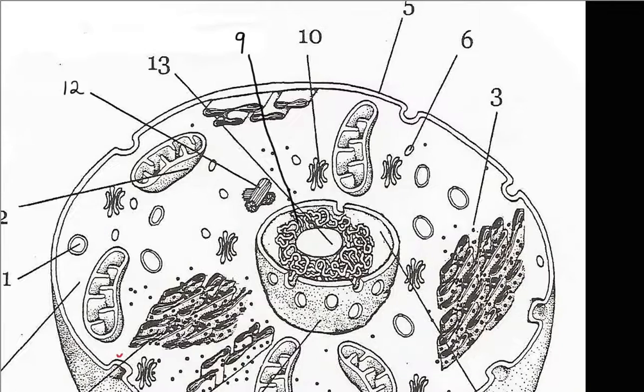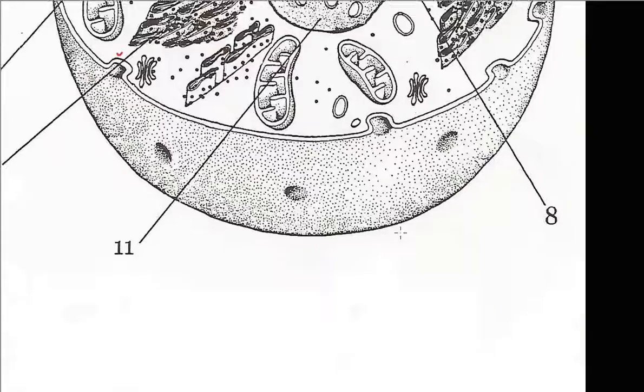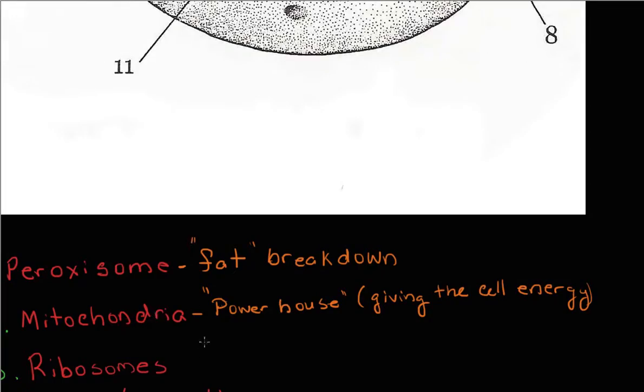Next one, number three. Number three points to this little tiny speck, and this tiny speck is actually pretty important. It is called a ribosome. The ribosomes, plural, their function is to make proteins.